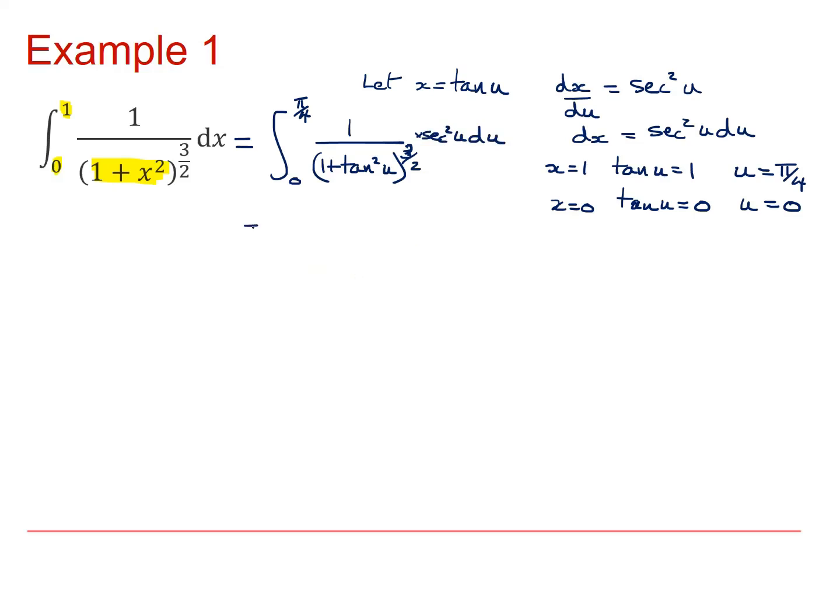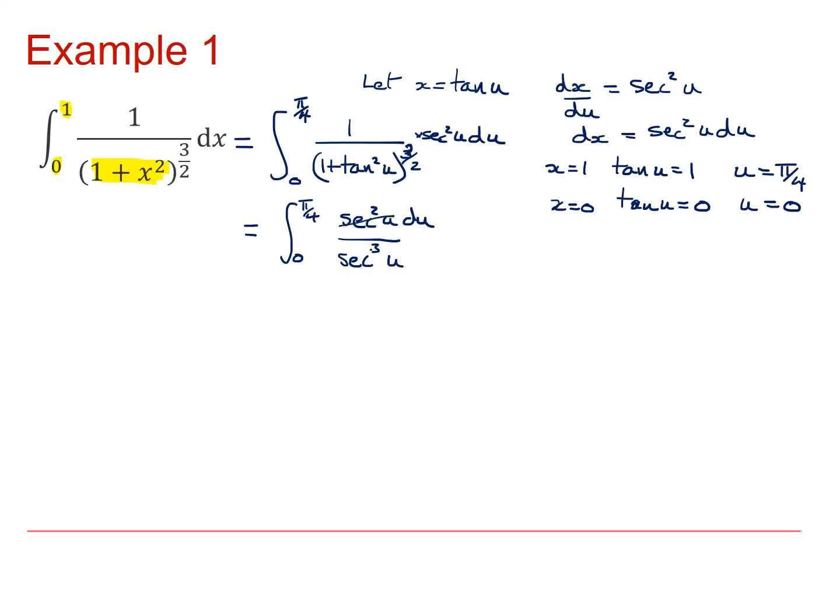Well, that's going to give me the integral between 0 and pi by 4. On the top I've got sec squared u du, and on the bottom 1 plus tan squared is sec squared, to the power 3 over 2, well, that's the square root, so it's sec, and then cube it, so I get sec cubed u.